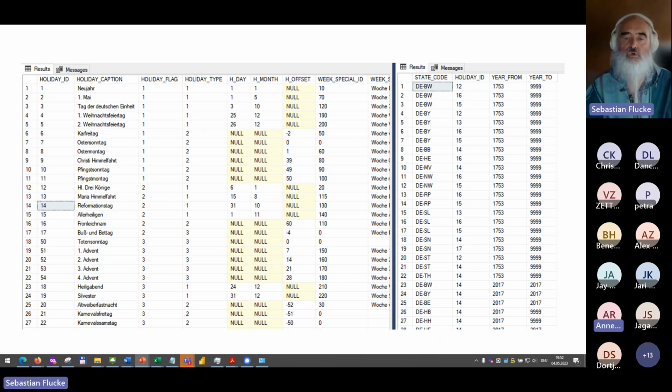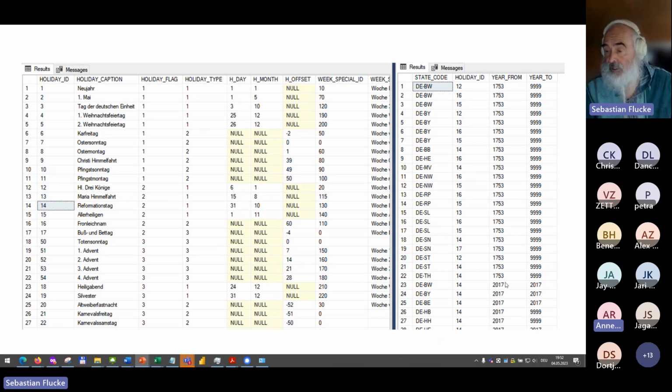I don't want to go too deep into that. I only want to talk about the principle. We have a holiday ID here, and we can find that holiday ID here, and we can see the mapping for which German states that holiday exists, and from and to which point in time it exists. That means from the beginning of time until infinity.